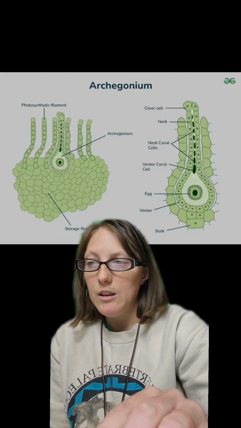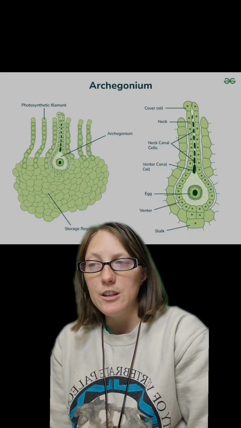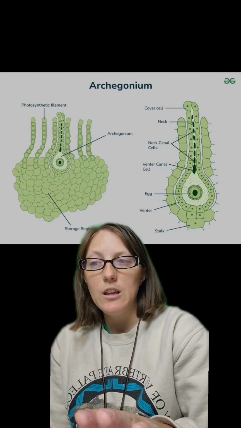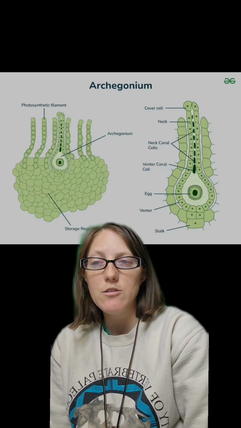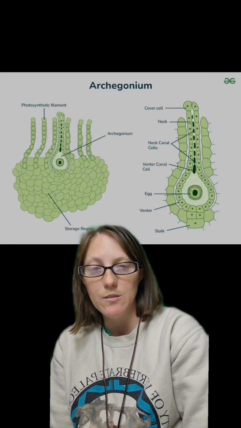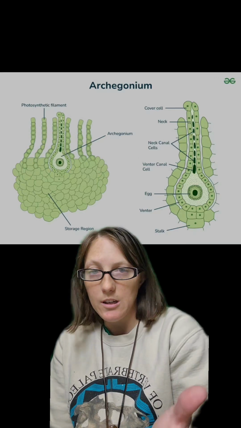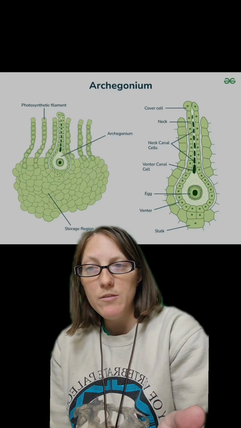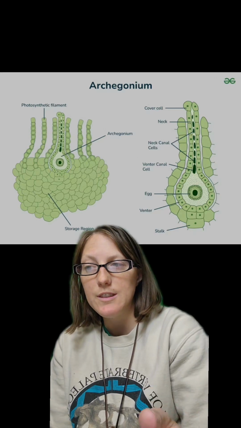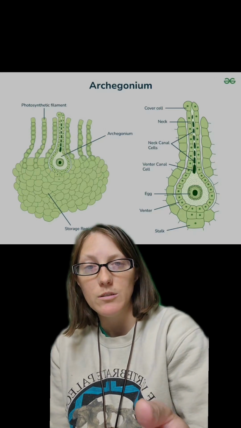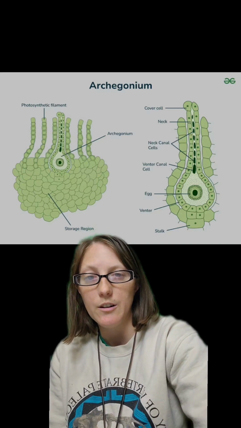Cool. Now, gametangia form on the gametophyte. Gametangia are structures that produce haploid gametes or sex cells. In plants, the gametes are eggs and sperm, just like with animals. And the type of gametangium that produces the egg is called an archegonium, which is displayed here.